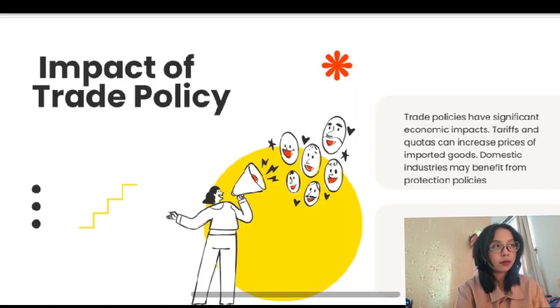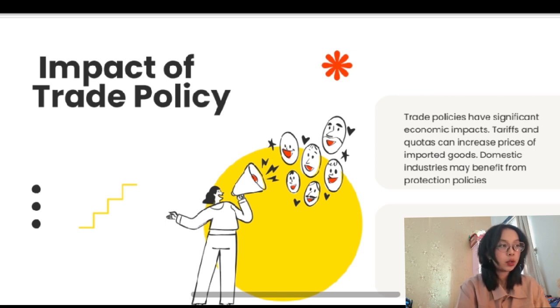Next, impact of trade policy. Trade policies have significant economic impact. Tariffs and quotas can increase prices of imported goods, which affects consumers. Domestic industries may benefit from protection policies because competition from foreign products is reduced.